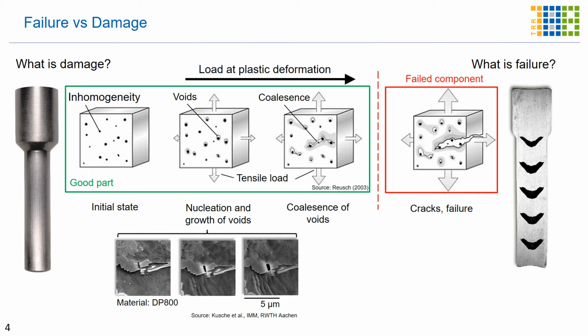But the accumulated ductile damage during the forming process will have a big impact on the product performance, like for example the fatigue strength or the material stiffness will be reduced. For this reason, we are investigating methods that model the damage evolution in order to optimize forming processes in a way that the accumulated damage is as low as possible and the product will perform as good as possible.